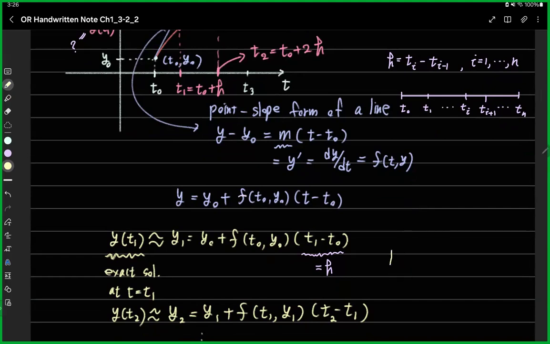Then you see that the solution sharply increases at a specific time interval. Yeah, then I don't think the Euler method is gonna work with evenly spaced discretizing.